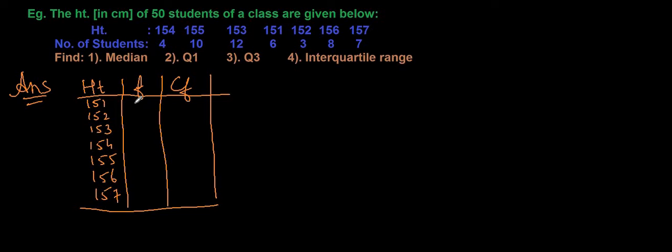For 151 the frequency is 6, then 3, then 12, then 4, 155 it is 10, 156 it is 8 and 157 it is 7. Here the cumulative frequency is 6, 9, 21, 25, 35, 43 and 50.